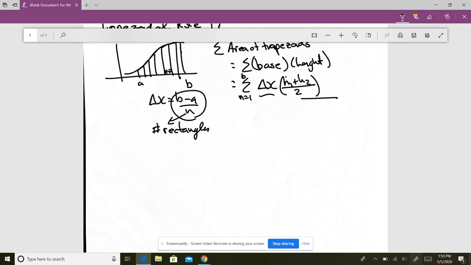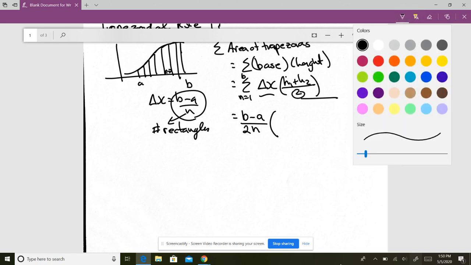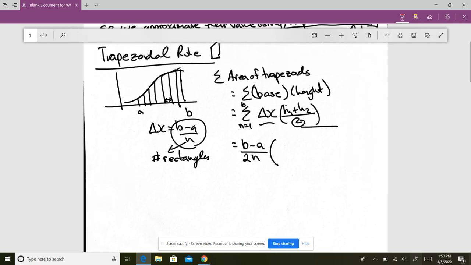Right. So that can be pulled out. And this is going to turn into b minus a over n. I'm going to pull this 2 out to get 2n, so b minus a over 2n. And then this h1 and this h2. If you think about it, when we're looking at this picture, for the first one, there's our first height, there's our second height.